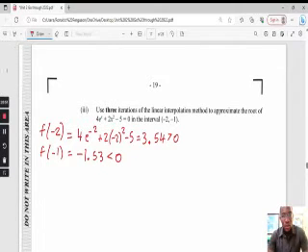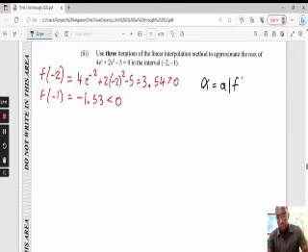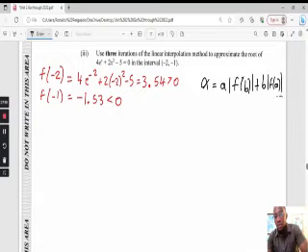Good to go. Now remember the interpolation formula. Alpha is equal to a times the modulus of f of b, plus b times the modulus of f of a, over the modulus of f of b plus the modulus of f of a.